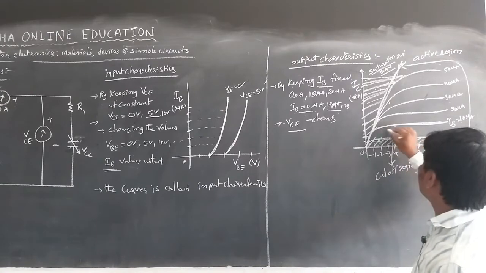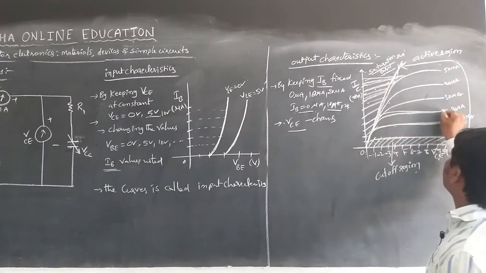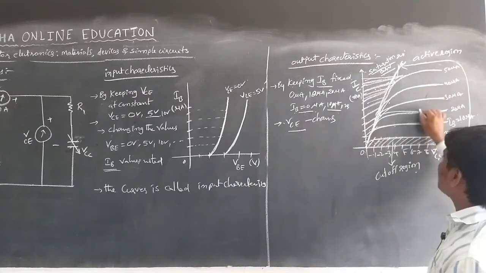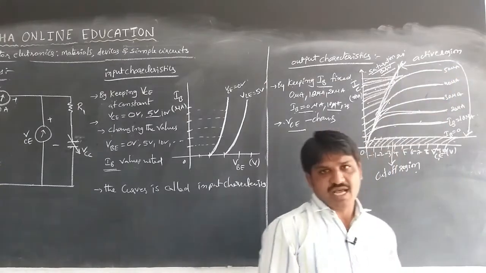So this is how we got the curves. These curves are called output characteristics.